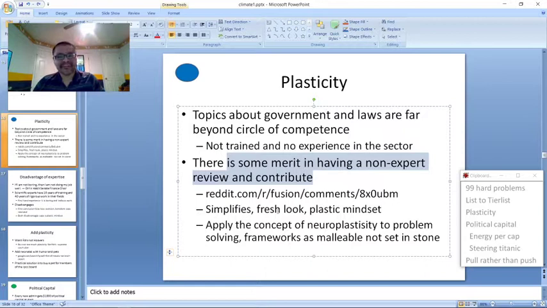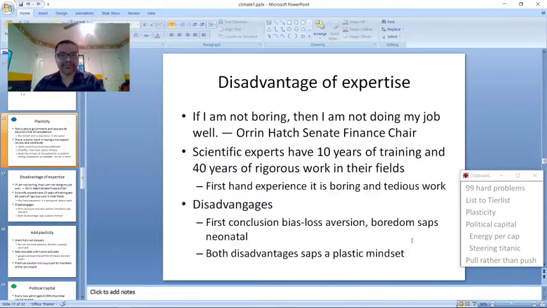It simplifies, it provides a fresh look, it enters the analysis with a plastic mindset. If we combine neuroplasticity and problem solving, we have a perspective on the frameworks of the problem.